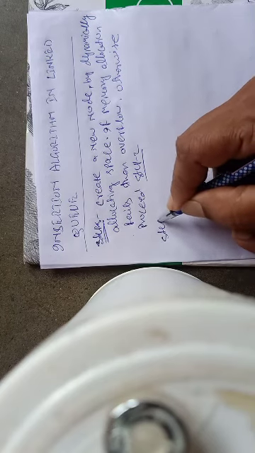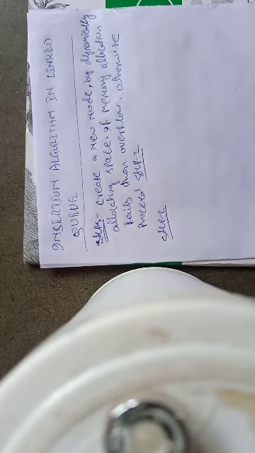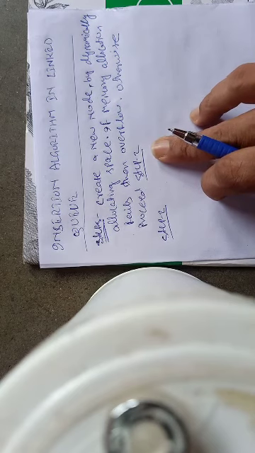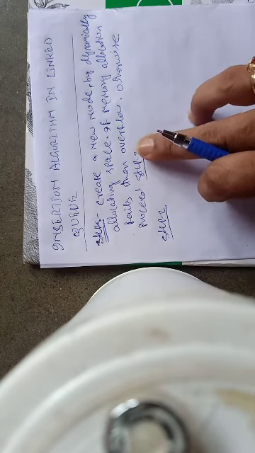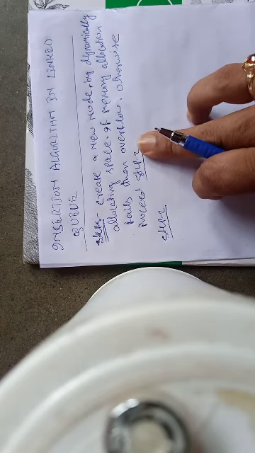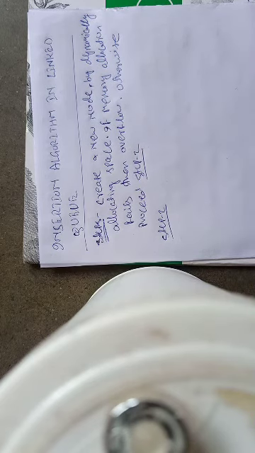In step 2, see, in the first step itself we are trying to create a new node by allocating memory space. When the memory allocation succeeds, we put the data in the info part and put null in the link part of the new node.